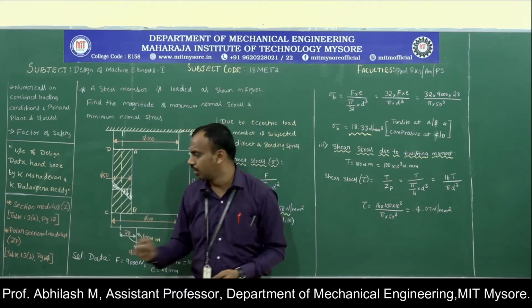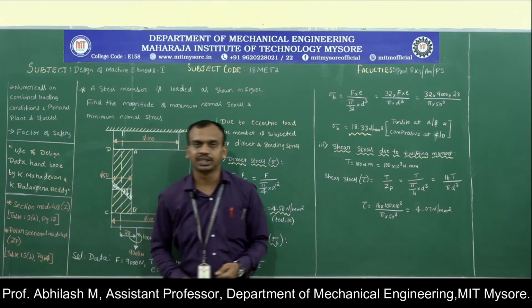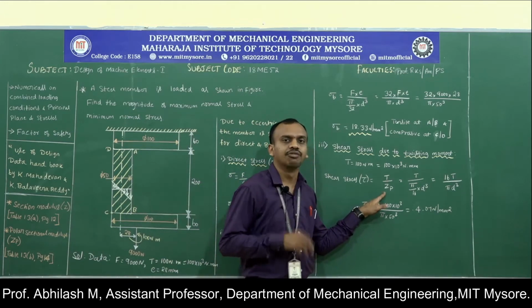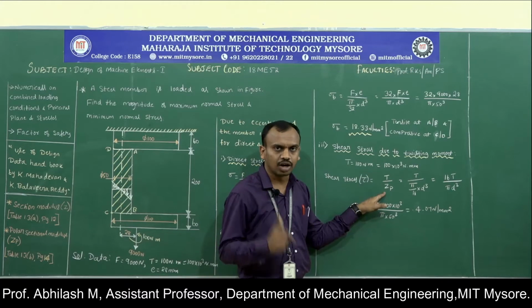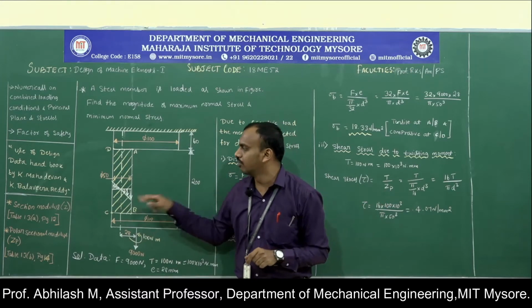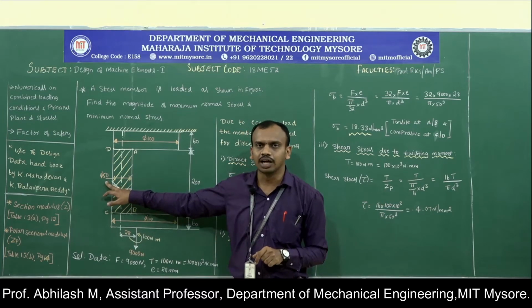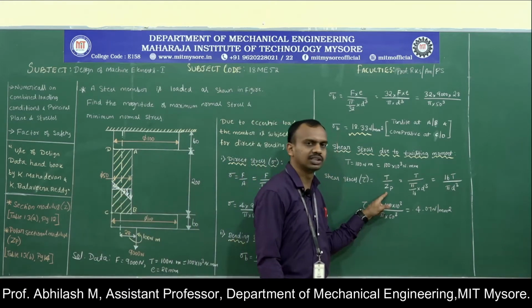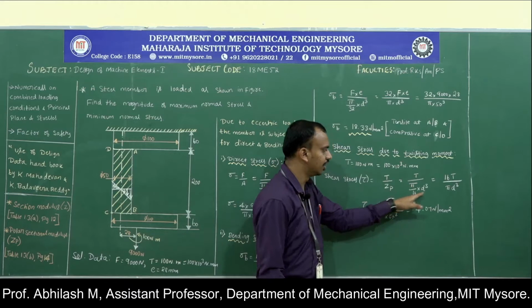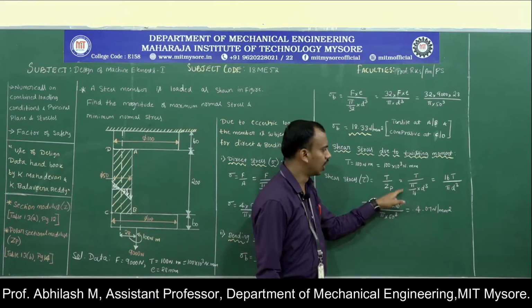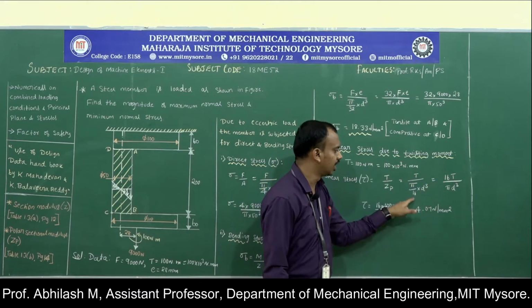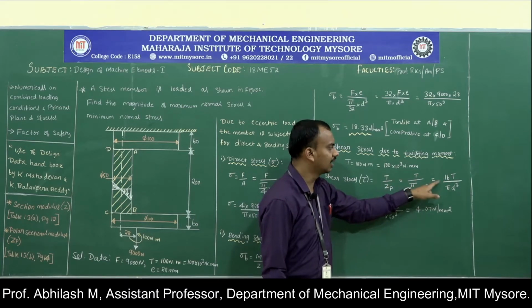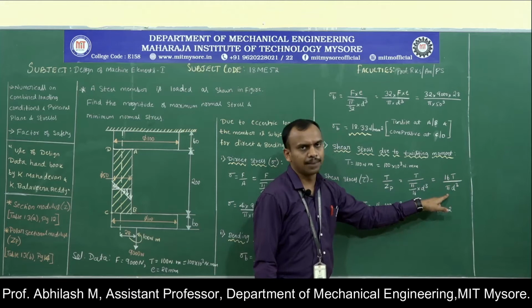We are going to obtain the polar section modulus for various cross sections. The cross section given in the problem is a circular cross section. For the circular cross section, the polar section modulus is given by pi by 16 into d cube. So, taking the 16 from the denominator to the numerator, it is 16T divided by pi d cube.